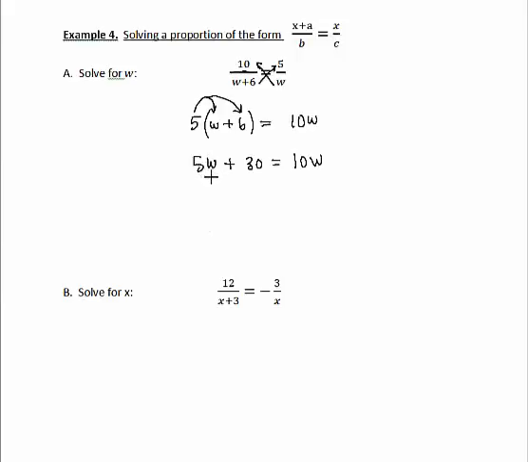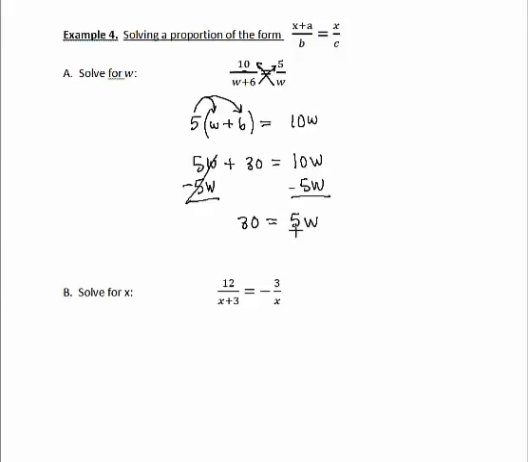We have a w on each side of the equation. We want to combine those terms. So I subtract the 5w from each side. That leaves a 30 on the left, and then 10 minus 5 is 5, w on the right.